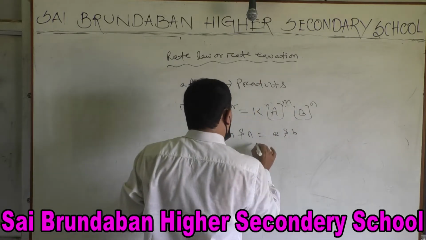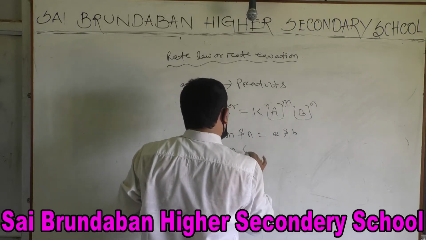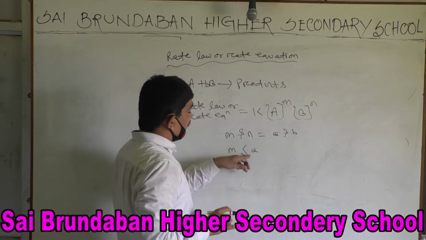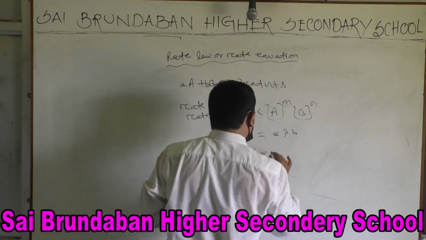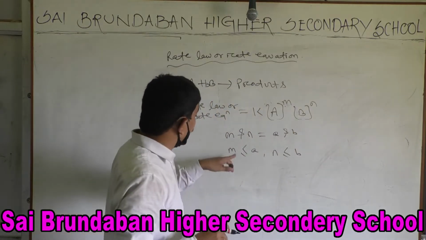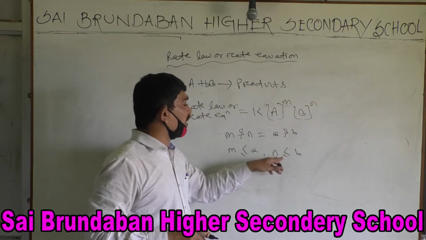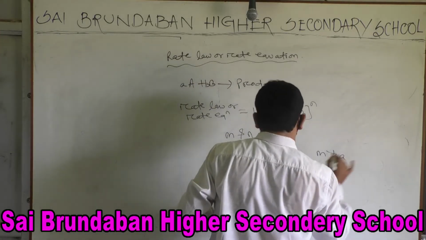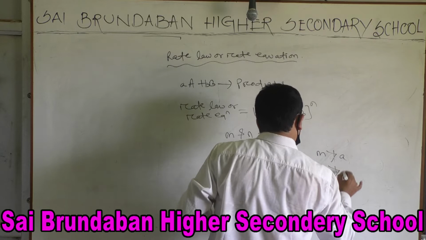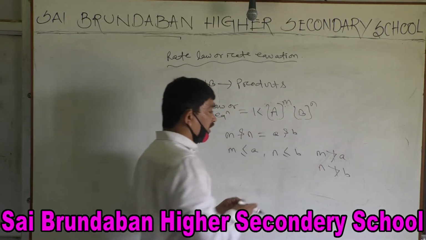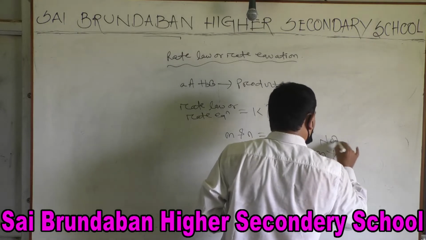So m is less than or equal to a, and n is less than or equal to b. m cannot be greater than a, and n cannot be greater than b. That is not possible.